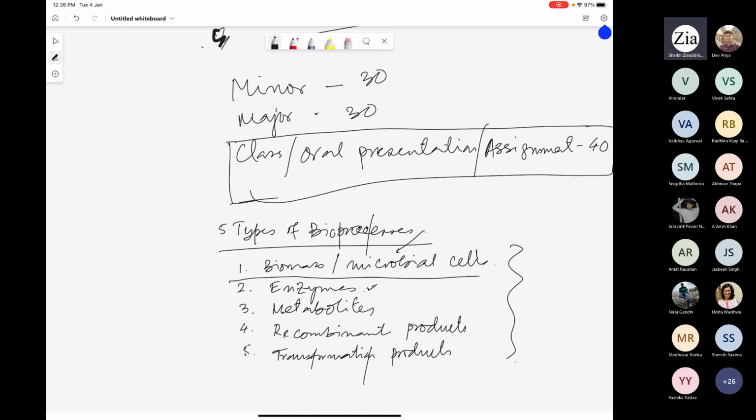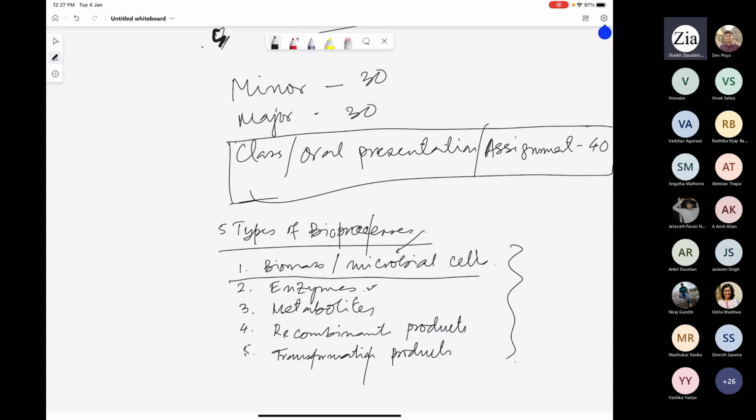So you have your key product, and apart from your key product, whatever components are present in the system are all impurities. If you get more impurities, then the purification step will be more cumbersome. So whenever you select a specific bioprocess scheme, you have to make sure you choose a reaction where you get fewer impurities, a higher concentration of your desired product, and the process is more energy efficient.